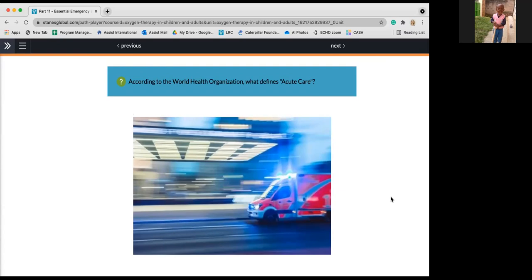To our participants, you can use the chat box and tell us, according to WHO, what is the definition of acute care? Can you use the chat box? What do you understand by acute care, using the WHO definition?